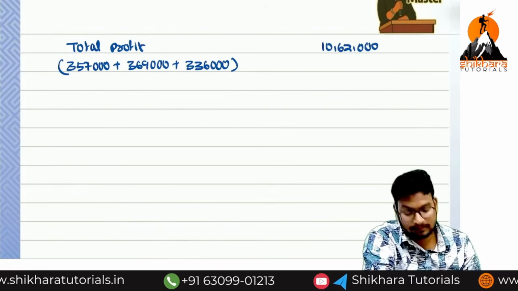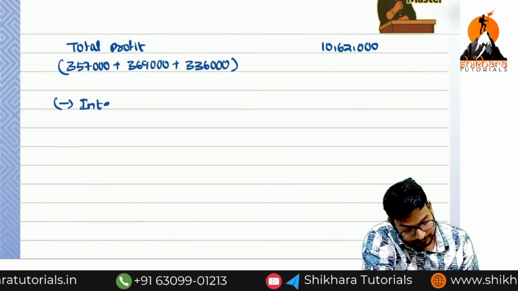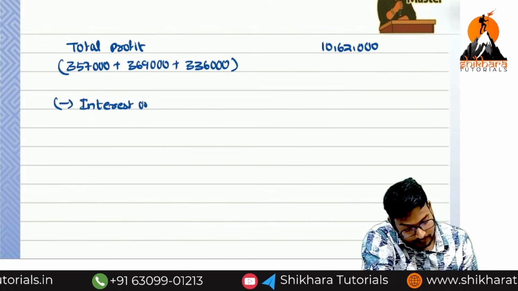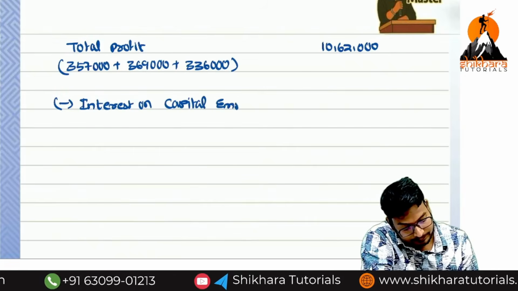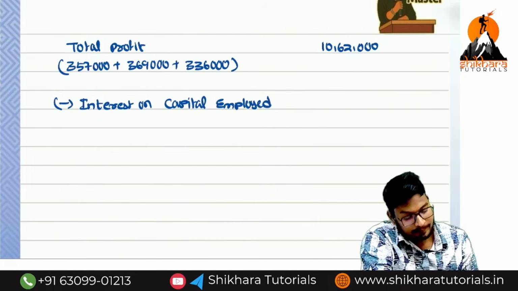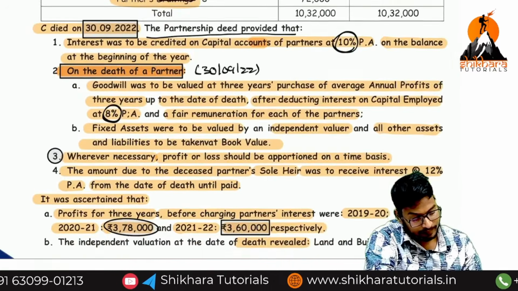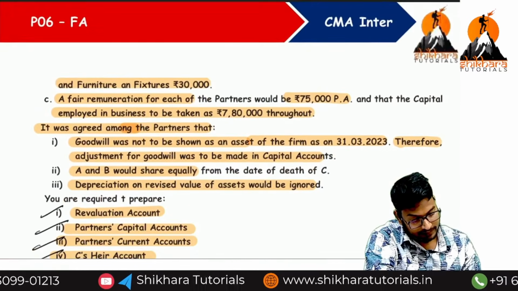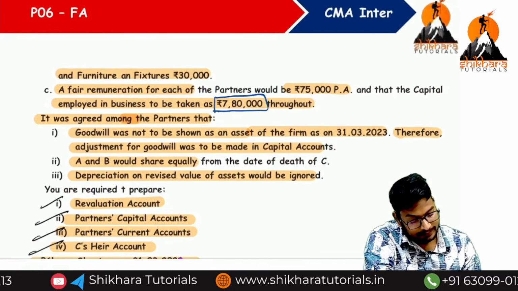What are the 2 points? Minus interest on capital employed. What is the capital employed given in the question? They have given the capital employed as 7,80,000.